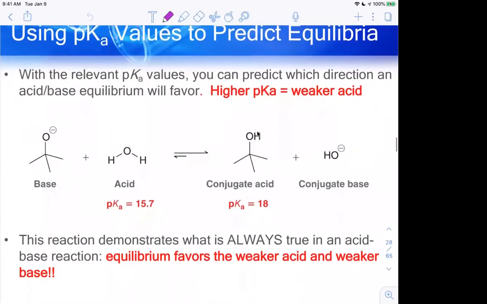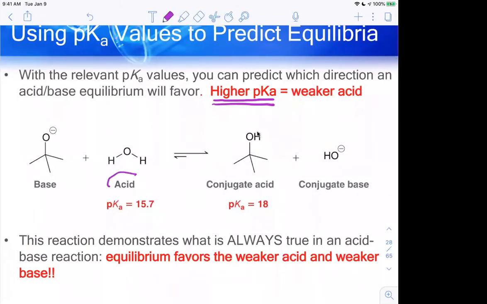In order to do this for acids and bases, you're going to look at an acid and base reaction, and you're going to need to find the pKa's of the acid components. Here, water is the acid, and if I look on my chart, water has a pKa of 17.5. On this side, this tert-butanol is the conjugate acid, and if I look for that pKa on a chart, that has a pKa of 18.